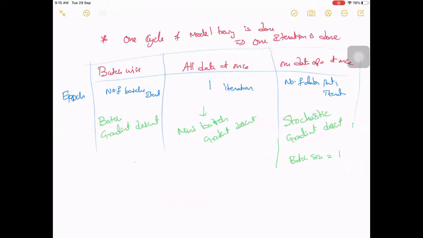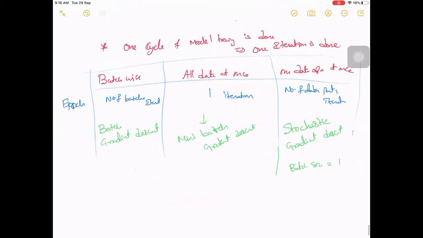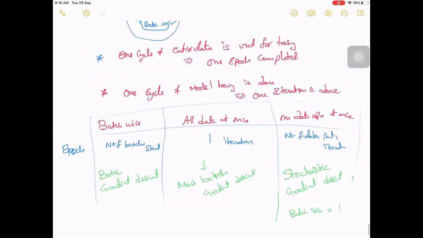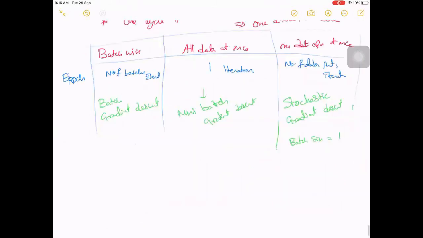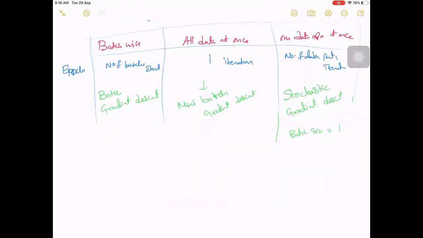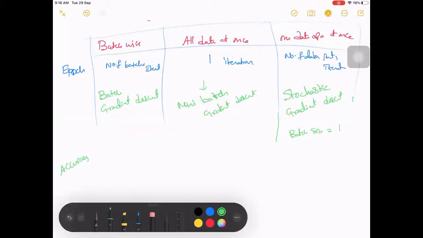But in case you have the computational capability where you can calculate all data at once, you can always prefer this. But usually that won't be the scenario. So why should I prefer this? The accuracy metrics, the performance of your model, will actually vary for these. It won't be the same as this.